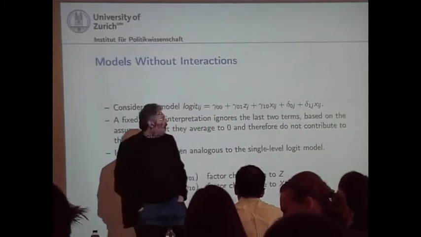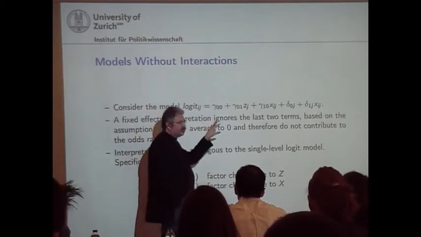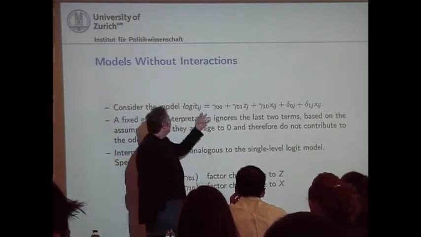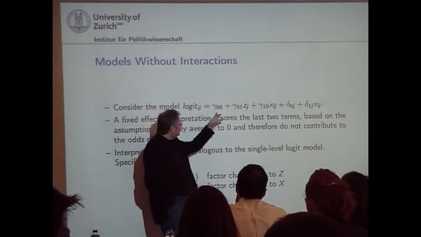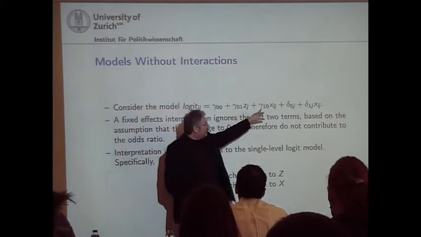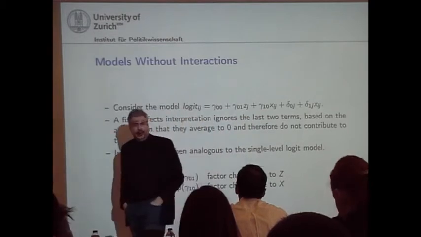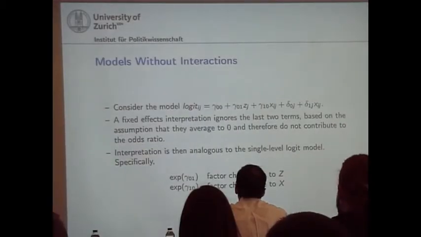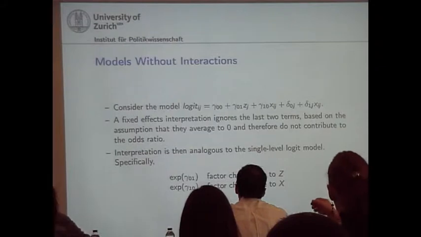So that means that all we have left then in expectation, or the expected logit, is gamma 0,0 plus gamma 0,1 zj plus gamma 1,0 xij. And that is then what we interpret.